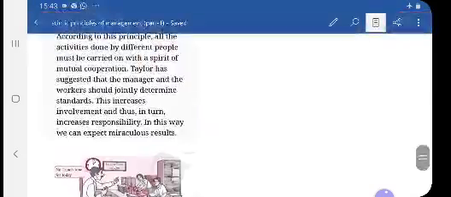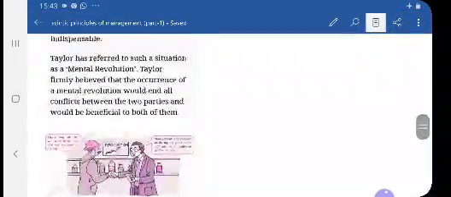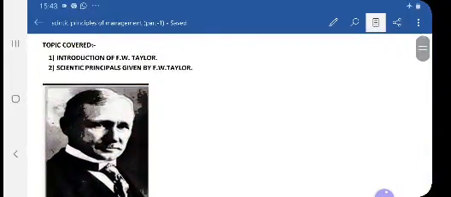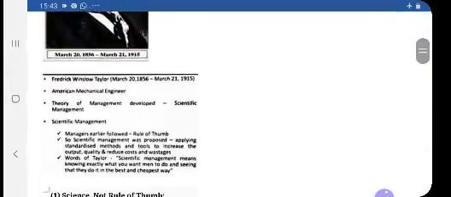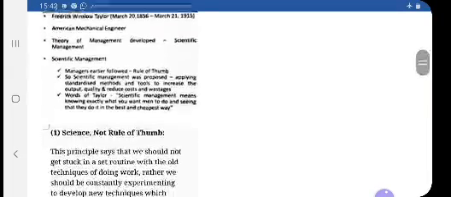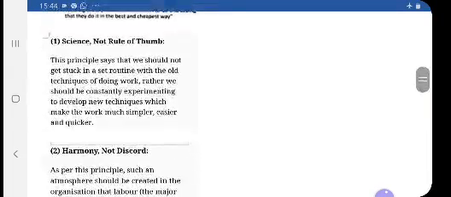These techniques are very important to follow in any organization. So we will discuss all four techniques, and there are sub techniques within the various techniques that we will discuss in detail.